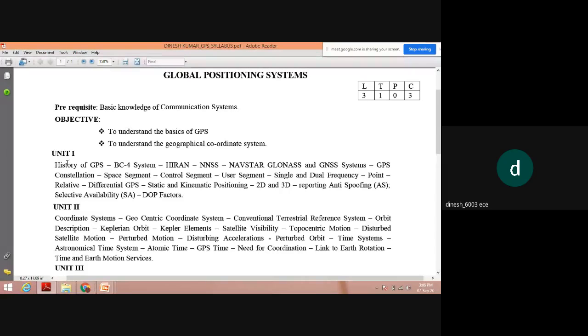So this is your syllabus: history of GPS, which we had covered, BC4, Iran, NNSS, Navstar, GLONASS, GNSS, GPS constellation, space, control and user segments, single frequency, dual frequency, L1 and L2, point, relative, differential GPS, static and kinematic, 2D, 3D, anti-spoofing, selective availability, DOP factors.